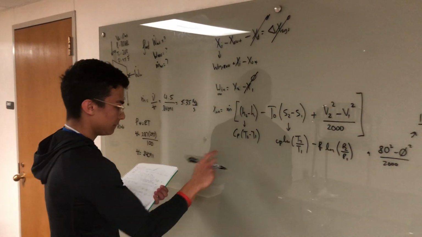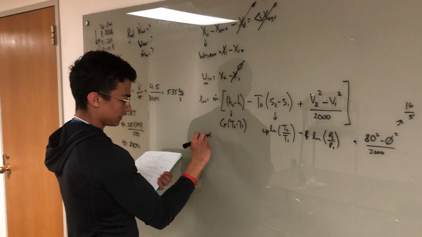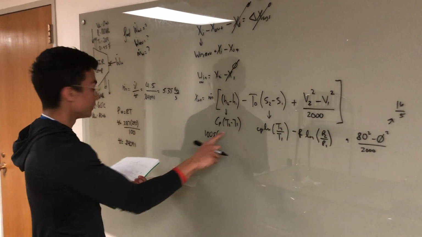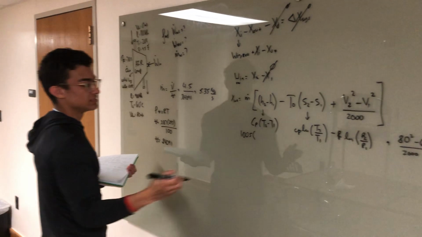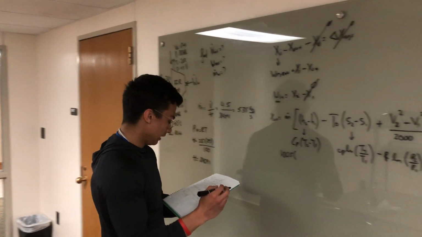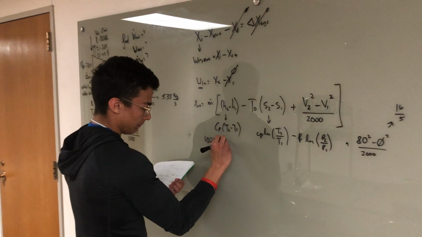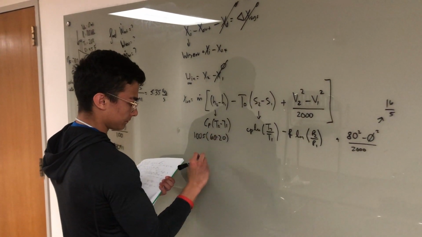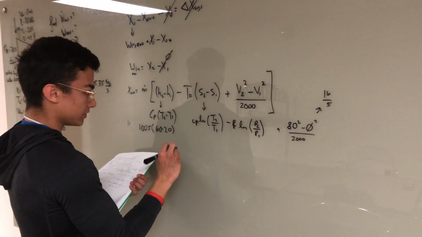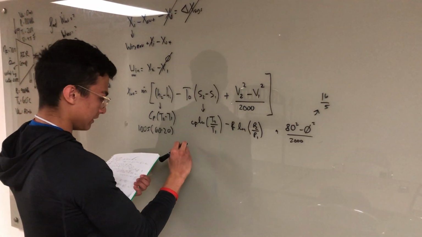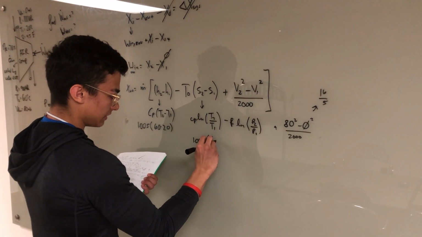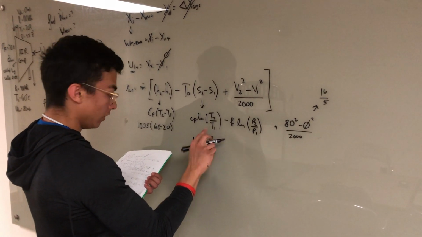So what do we know about the CP? Well, if you look at your thermo tables, you'll see that CP for air is 1.005. And the temperature that it came out at, it doesn't matter if it's in Kelvin or Celsius, because we're just taking a difference. So this can be 60 minus 20. And for this, just get your values again from the tables, and you'll see that it's CP, 1.005, times natural log of T2 over T1.